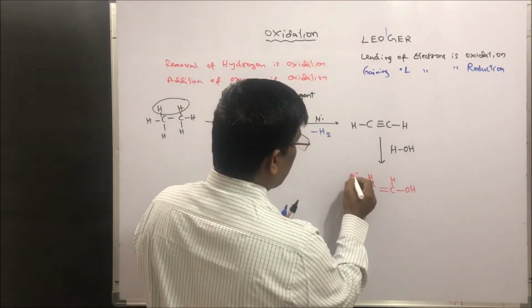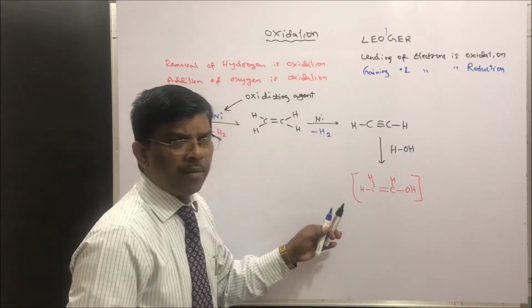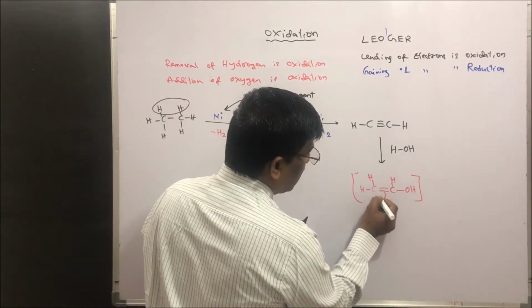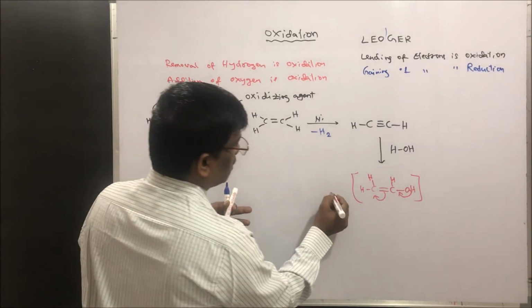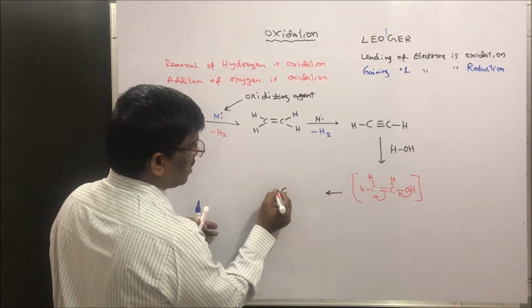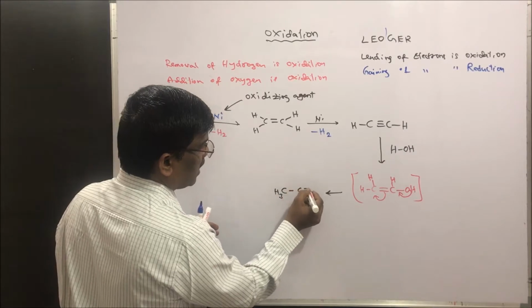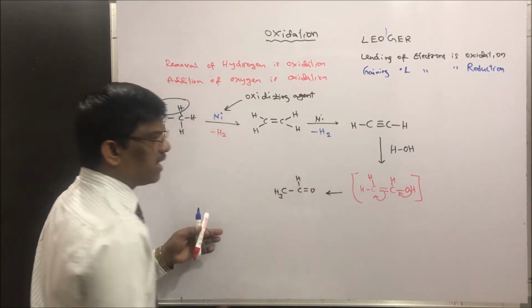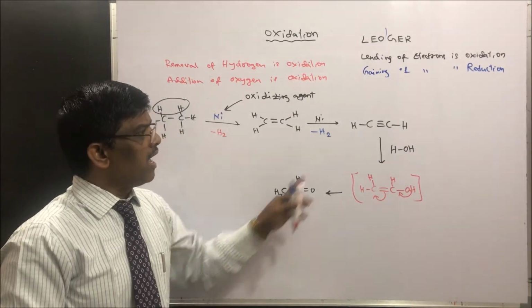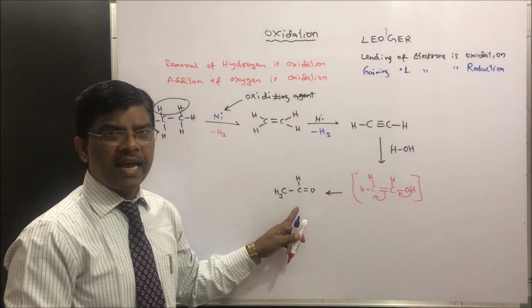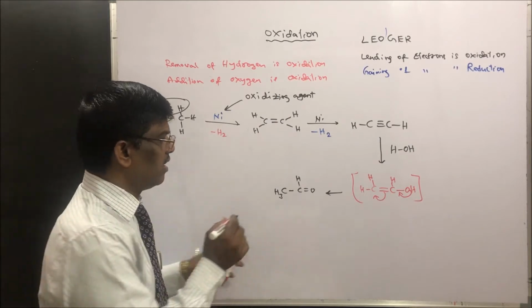This vinyl alcohol is not going to be stable. It tautomerizes to acetaldehyde, CH3-C=O-H, acetaldehyde. Acetylene to acetaldehyde is oxidation.